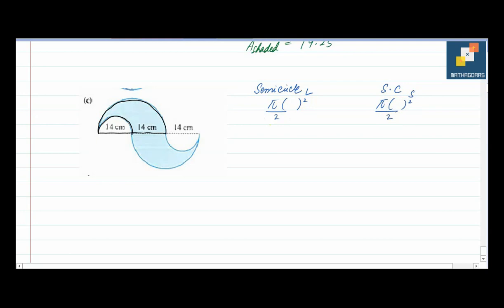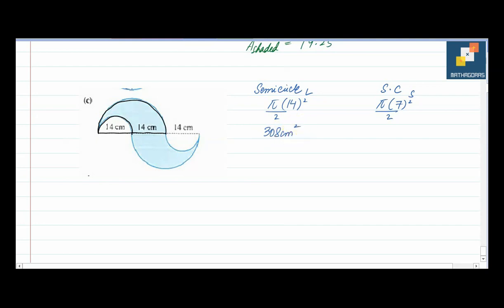Now, for the larger semicircle, the radius is 14, and for the smaller semicircle, the radius is 7. Right? So, if you simplify it, 14 square is 196 multiplied by pi and divided by 2. So, it's 308 centimeter square.